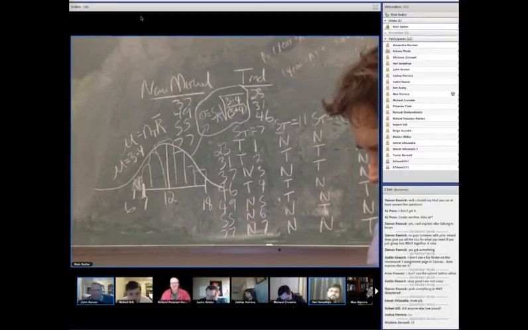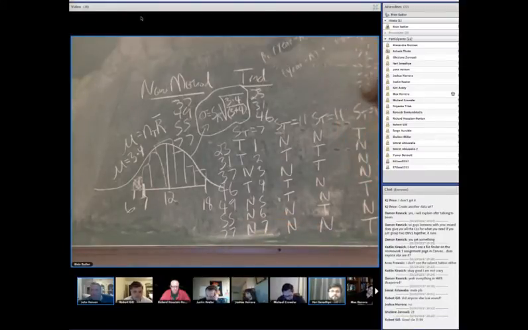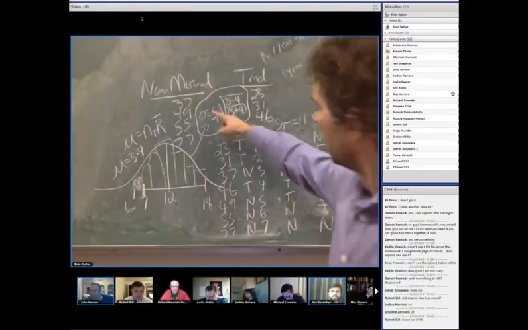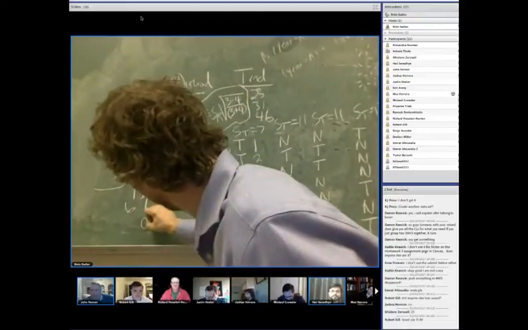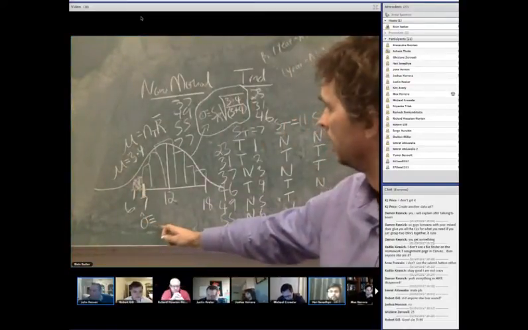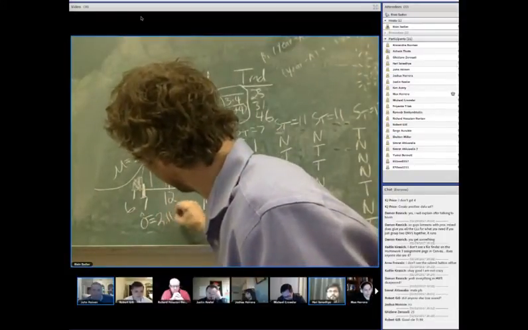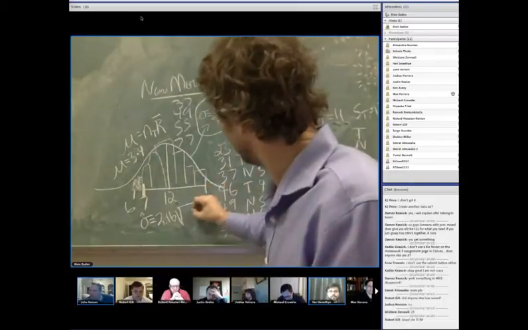So sigma is estimated to be, sigma hat, 2.16 times the square root of 12 divided by 7, which gives us 5.23. So the mean is 12, and the standard deviation is estimated to be 5.24.